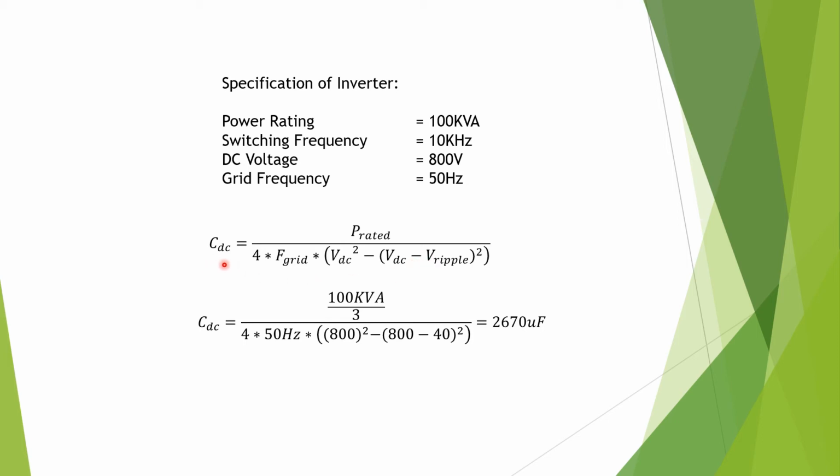If you observe here, the rated power is divided by 3 because it is a three-phase source, so in that case we have to divide by 3. After substituting here, we get the DC bus capacitor value, which is 2670 microfarad.